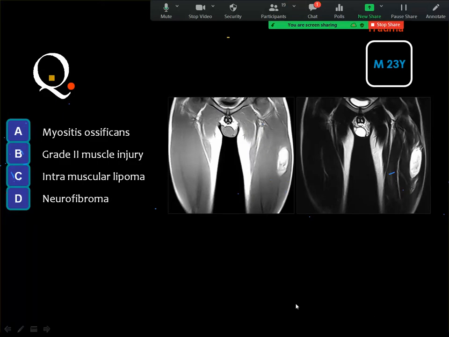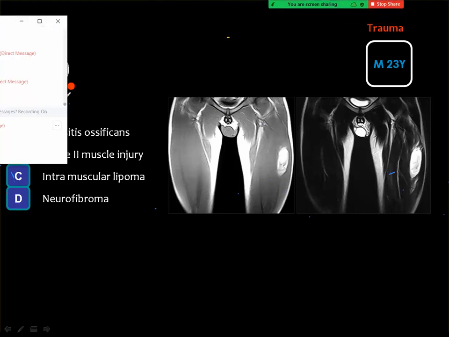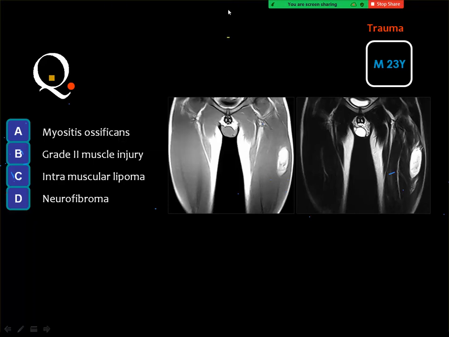Then this patient with MRI of the side T1 and T2 weighted images. Lipoma, B, grade 2 muscle injury, hematoma. Yes, right.